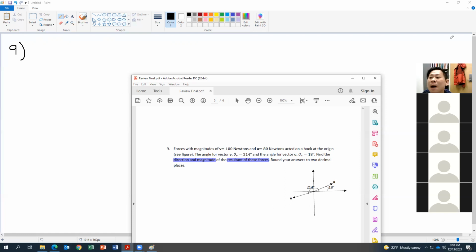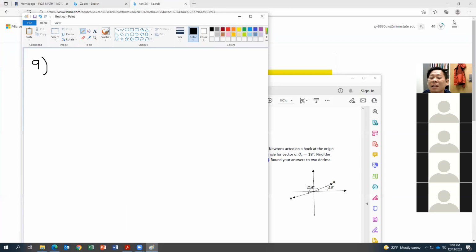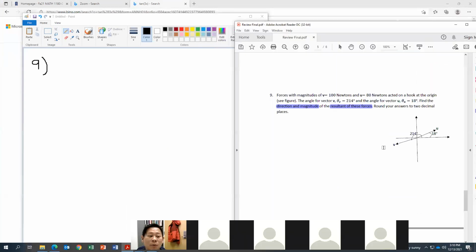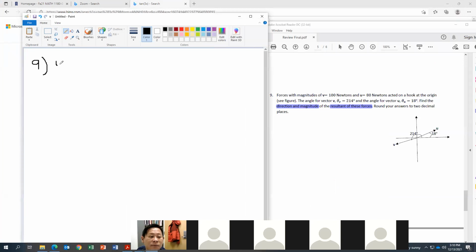So how do we make vector U and vector V in component form? In this case you use this formula. U is the magnitude times cosine theta, and the magnitude of U times sine theta.